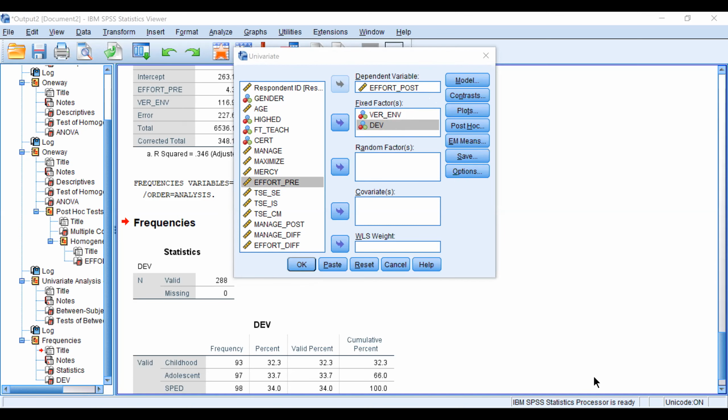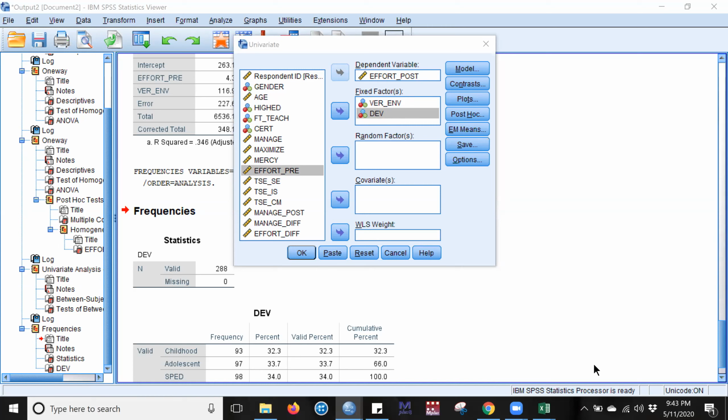I'm going to pop up this screen so that you can see it. This is under univariate. Our dependent variable is still post, and our fixed factors or independent variables are the experimental, quasi-experimental var-env, and the development, I call it dev, it's not really developmental, special education, childhood or adolescent.